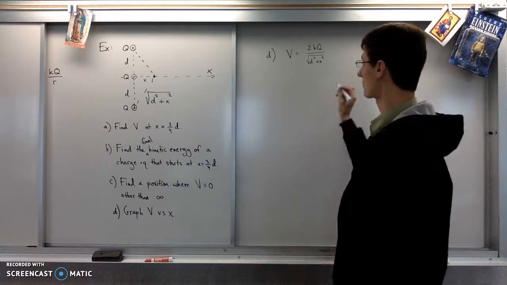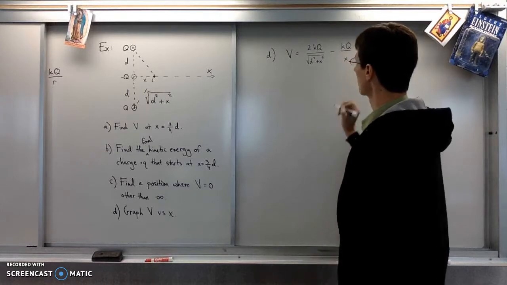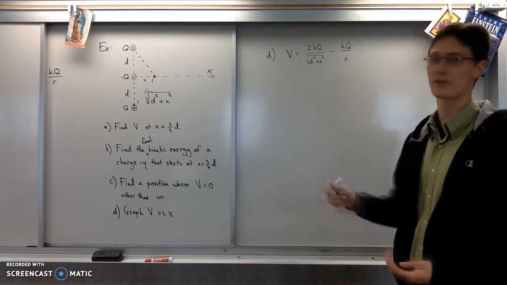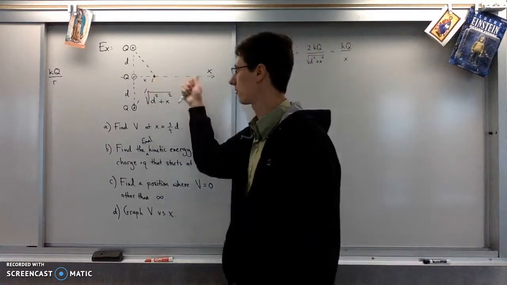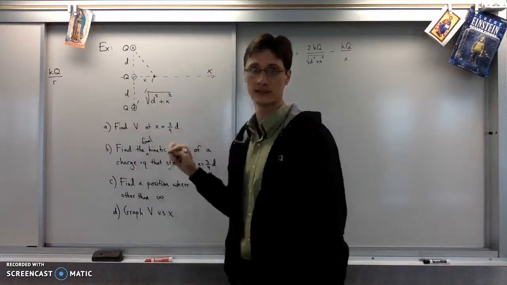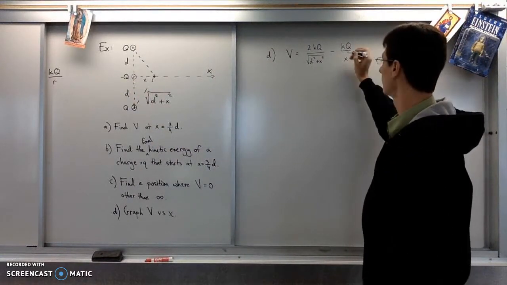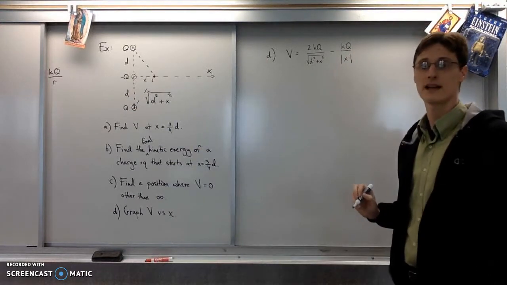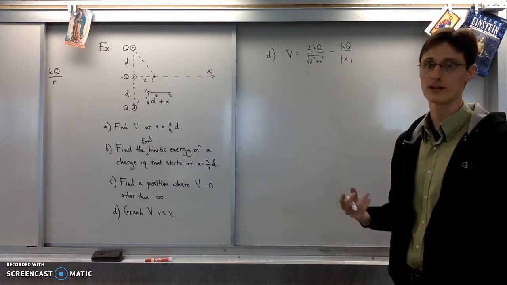And due to the negative charge, minus kq over x. And if I want to make a graph of it that looks correct for both sides of the x-axis, meaning both to the right and to the left, I'd need to slap some absolute value signs on that.